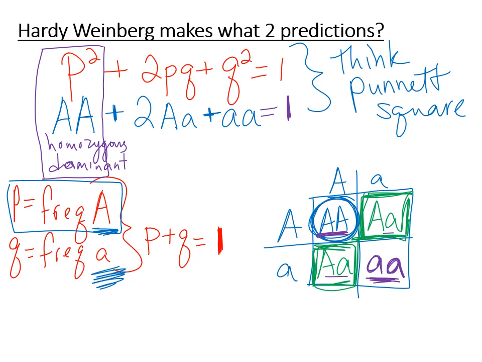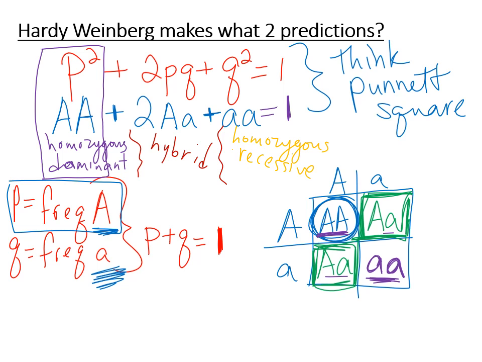Then our second one is the hybrid genotype. And our third one is the homozygous recessive. Okay, so don't get confused when you see these letters and different values.